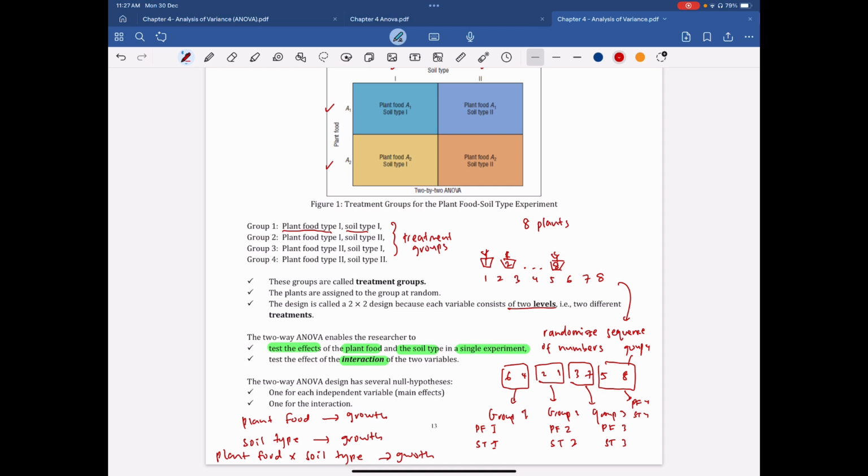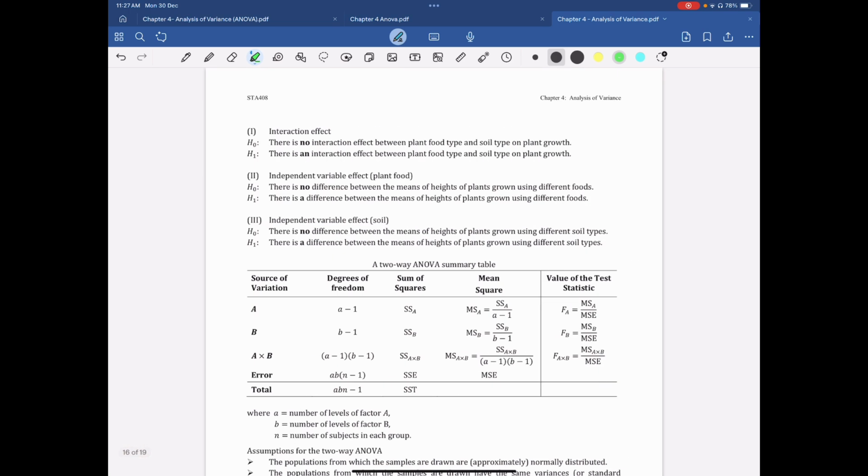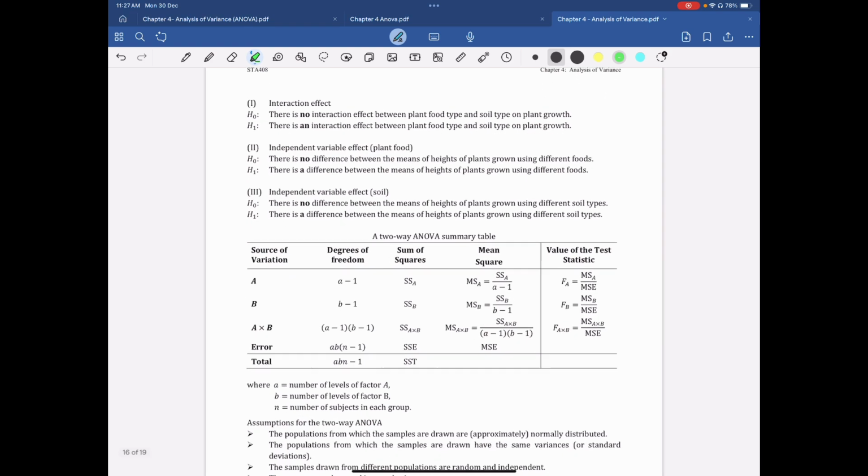So when you take a look at the null hypothesis, you will have several null hypotheses because of this particular design: one for each independent variable and one for the interaction. Let's take a look at how you write the hypotheses.